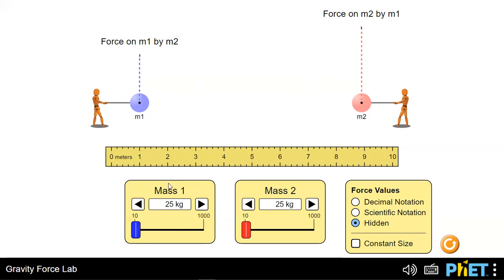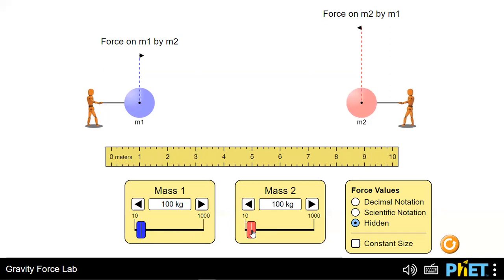Now we move on to setup number 3, or trial number 3, where both masses have an equal 100 kilogram mass. So both of them have 100 kilograms.